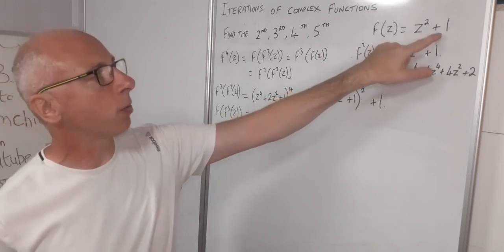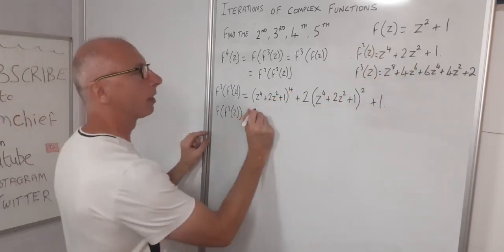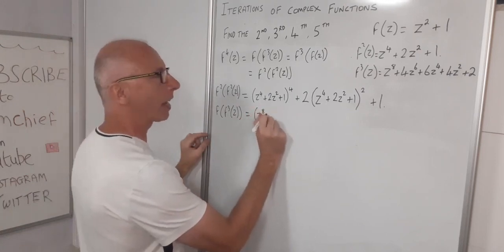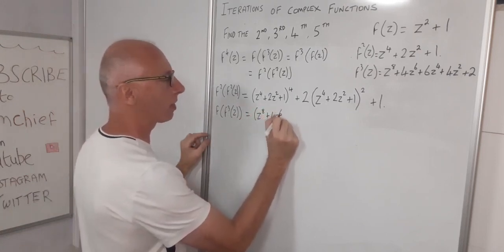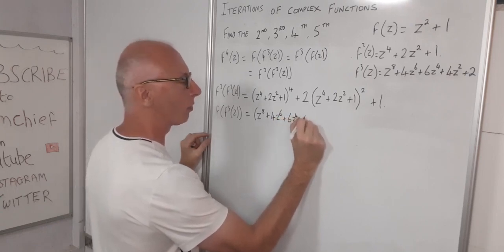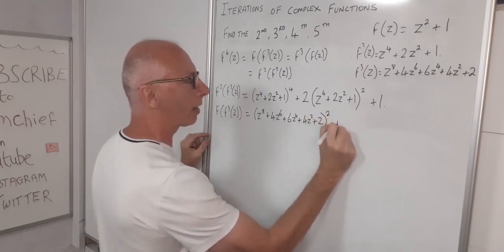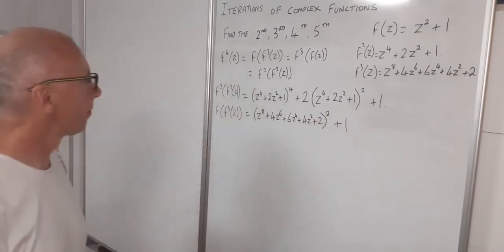So here we've got z squared plus 1, so we need to insert this one and square it. So that will give us z to the 8 plus 4z to the 6 plus 6z to the 4 plus 4z squared plus 2 all squared plus 1.